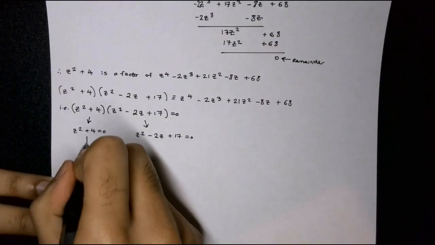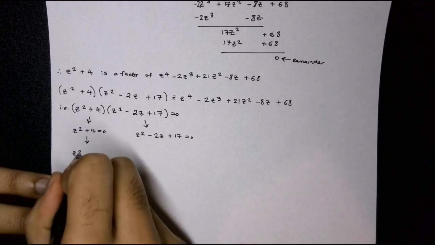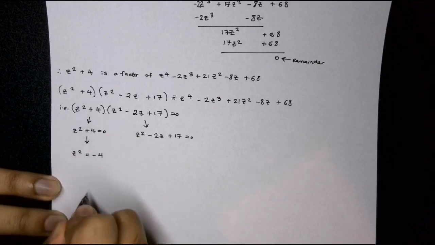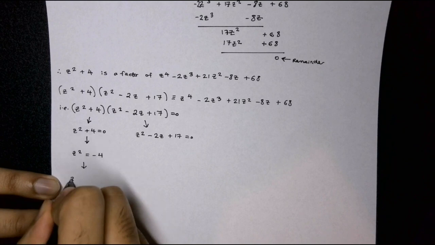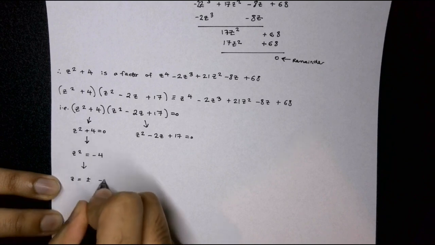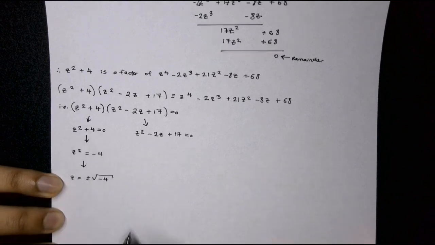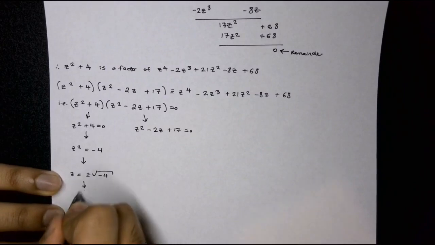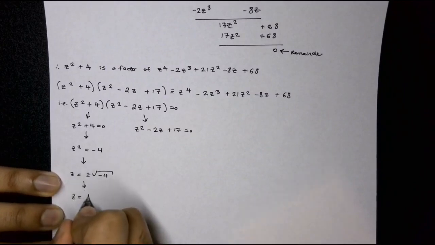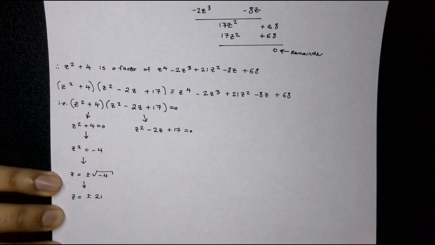So now if we solve, you can see here z squared, that's equal to minus 4. So z, that's going to equal plus minus the square root of minus 4. In other words, z equals plus minus 2i.